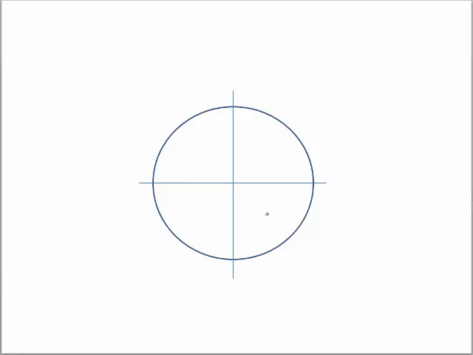Here's a circle. When we talk about sine and cosine graphs, these are explained in terms of radians. So first let's determine the circle in degrees that we're familiar with. We know this is 0 degrees, and we know this is 90 degrees, right?